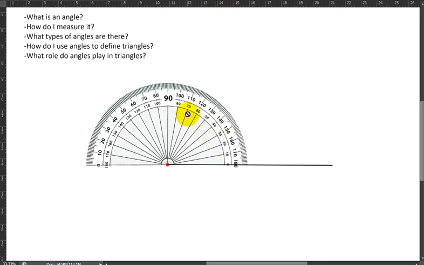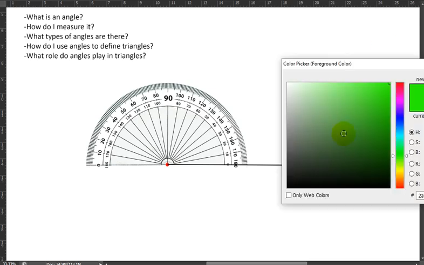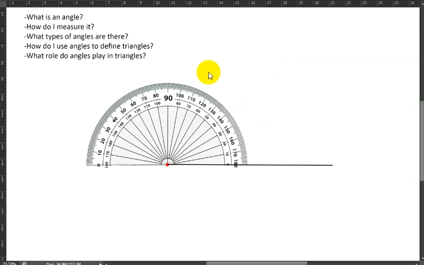We want to find 75. So here, exactly 75. So here, you're going to use your pencil to put a dot right there. Actually, let's make that black since we started using black. You're going to put a dot with your pencil right there, because that's where 75 degrees are.